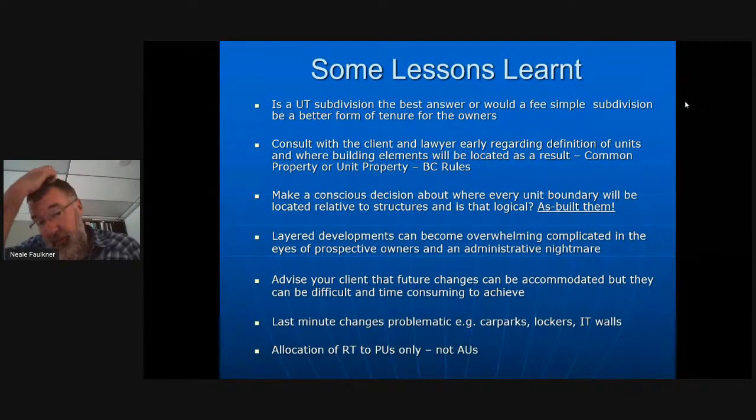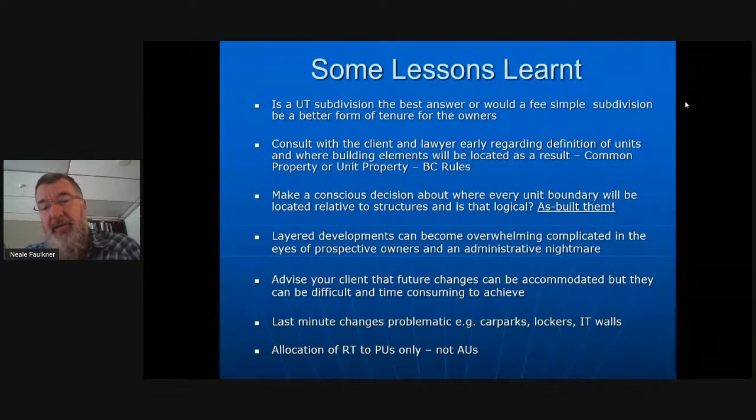Allocation: one of the other issues we've found was the allocation of records of title to PUs only. Pre-allocate them to the PUs, but don't pre-allocate them to the AUs when you're setting up your eSurvey dataset. The reason is that most developers flick and change around AUs. They might say, I've sold that car park to that unit owner, but at the end of the day, they typically don't, or if they do, they want to swap them around later on.